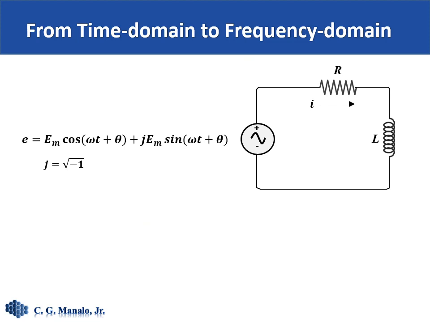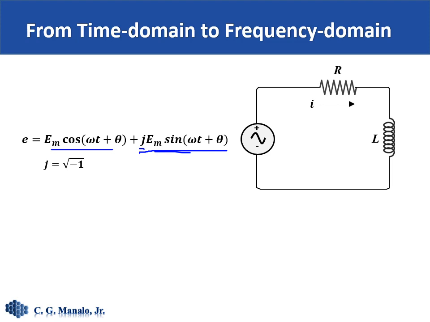Let's say I will add to my source another source, which is this one. This source is a bit different because while this source is a real number, this one is an imaginary source, due to the fact that we have an imaginary number, j, which is equal to the square root of -1.